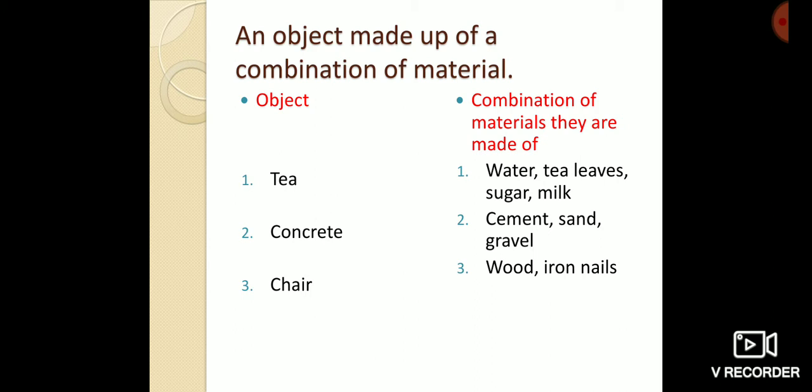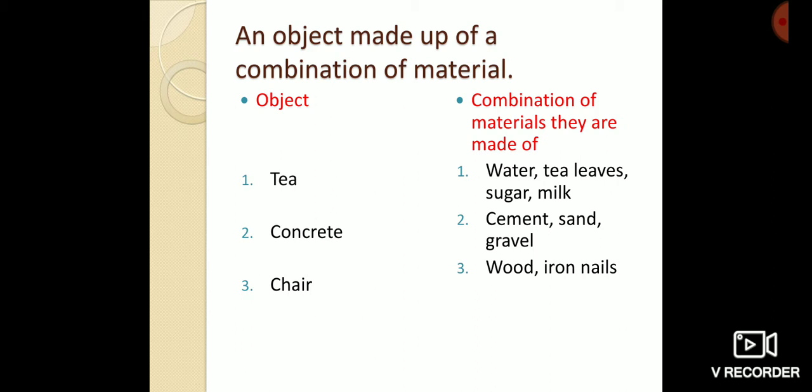Then another one is a chair, which is made of wood and iron nails. So from this we conclude that an object may be made up of different materials. Second, different types of objects can be made up of the same material.